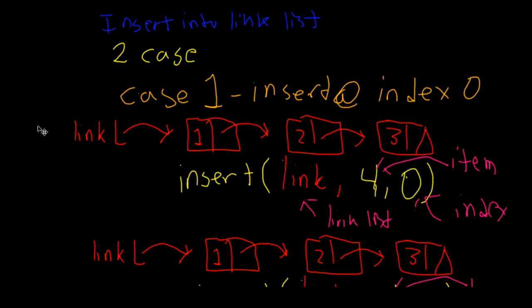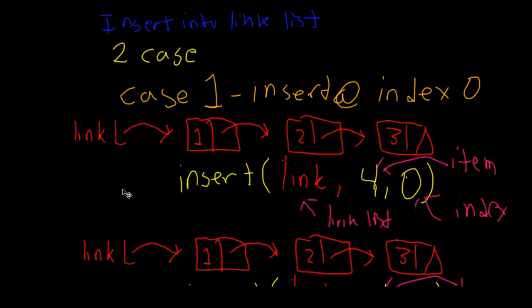So let's say I do that. I'm going to make a link that's made up of 4. And just for now, I don't really care what the rest of this is, but that's my linked list. What I basically need to do is get this inserted in the 0th position.